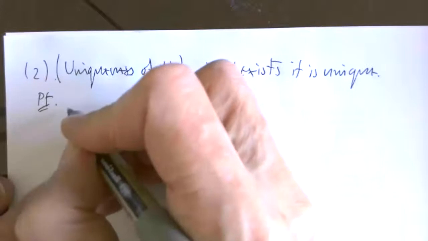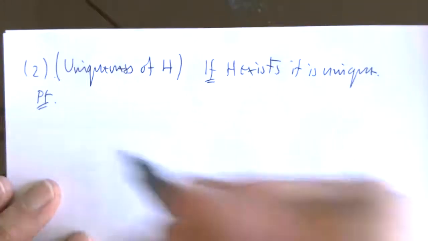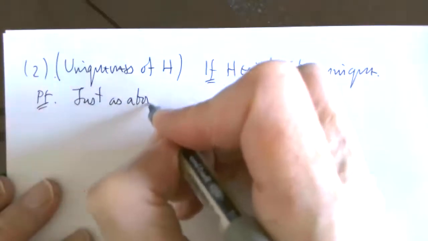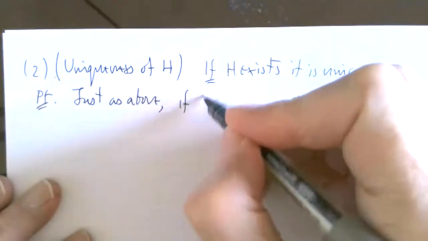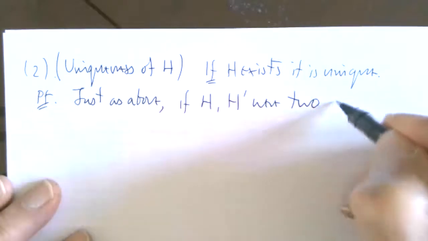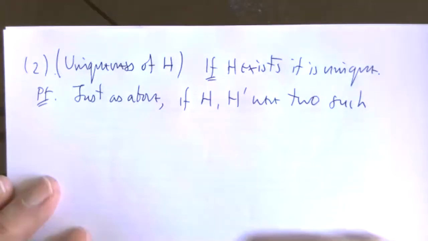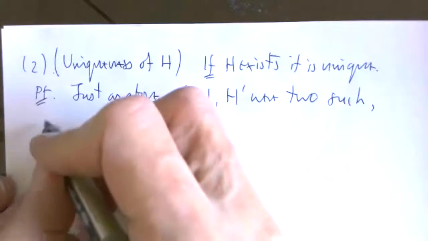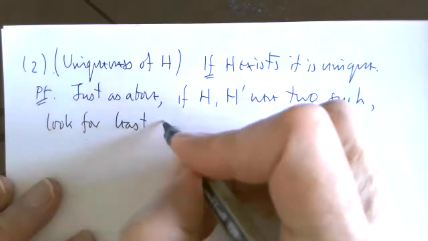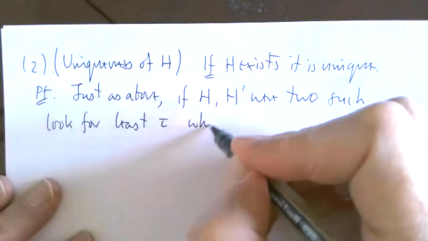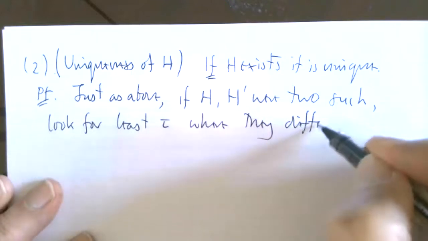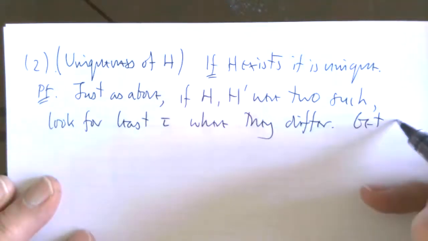So I would say just as above, if h and h prime were two such, look for the least Tor where they differ, and get a contradiction in the same way.